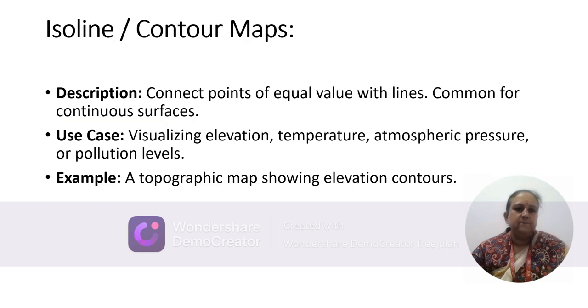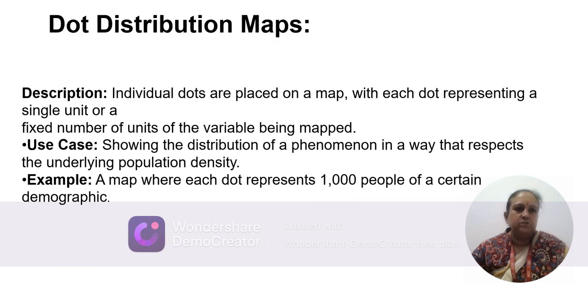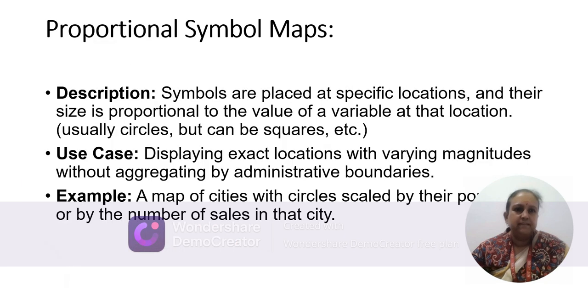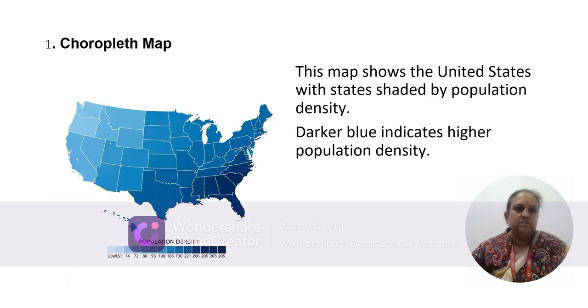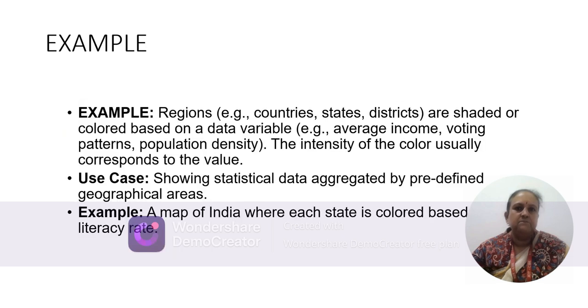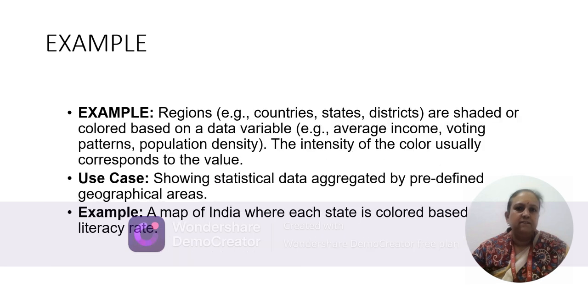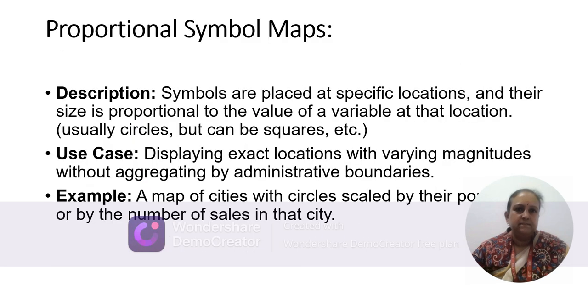So, the various types of maps we have shown, let us make a quick recap. The first one was the choropleth map. It is a thematic map with shades of color proportional to a statistical variable.